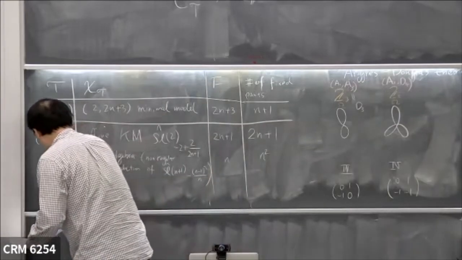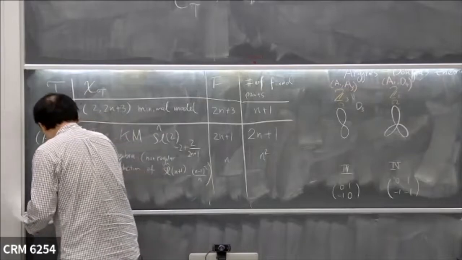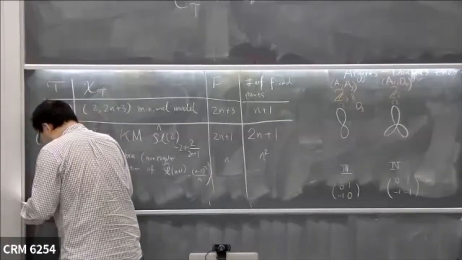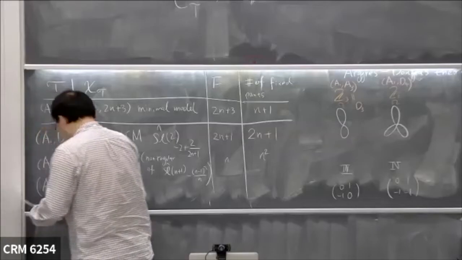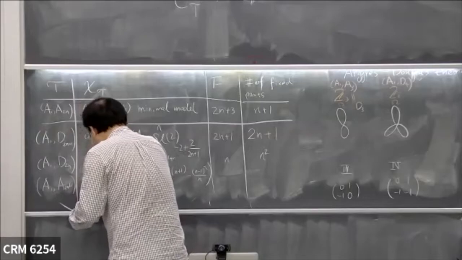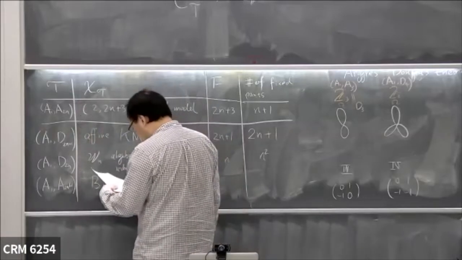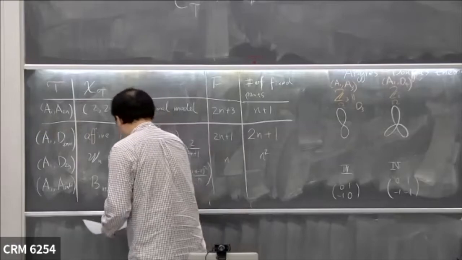And then there's also A1, A2n plus 1. So this is again something that you can find in Thomas' paper. So it's M plus 2 algebra.